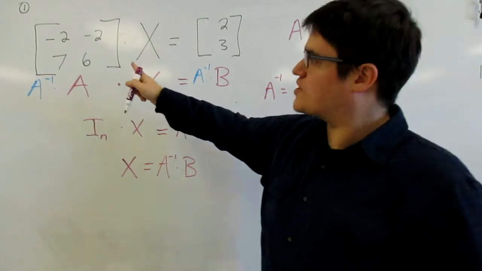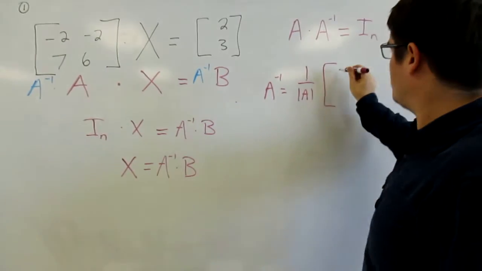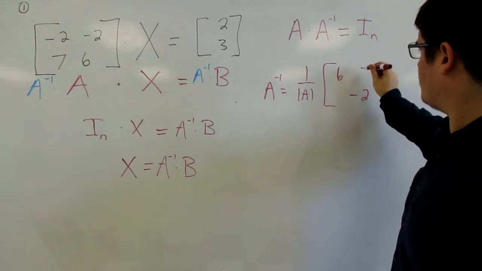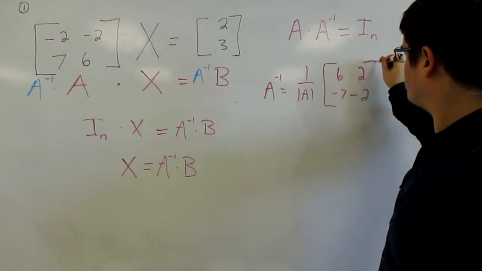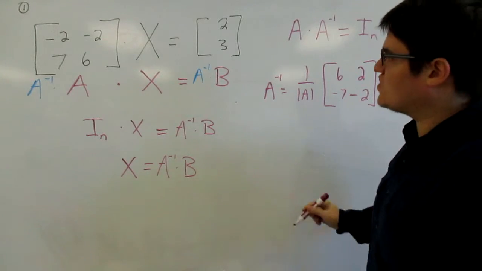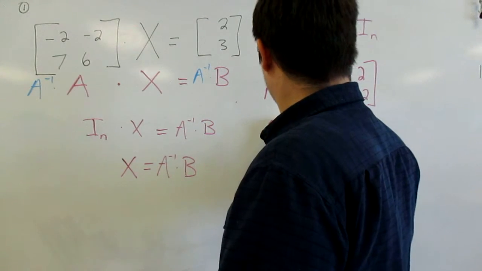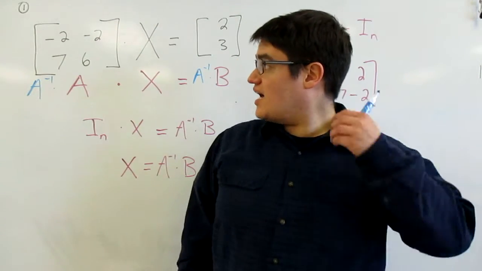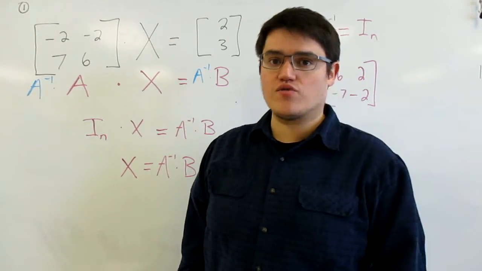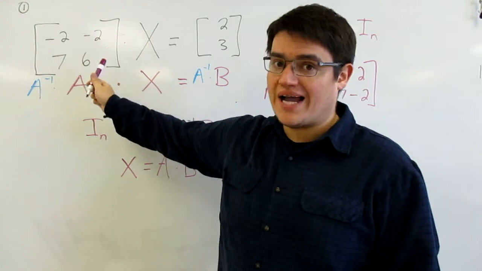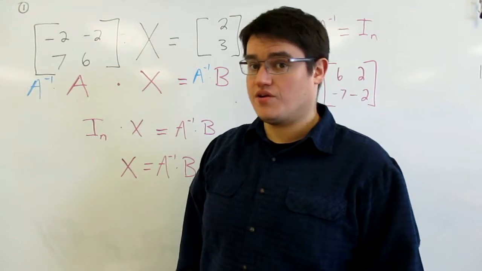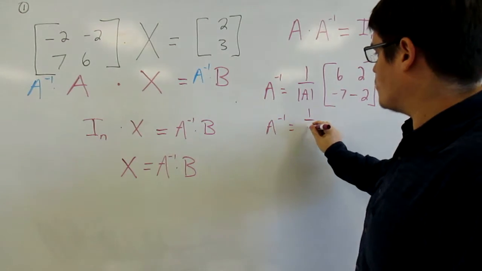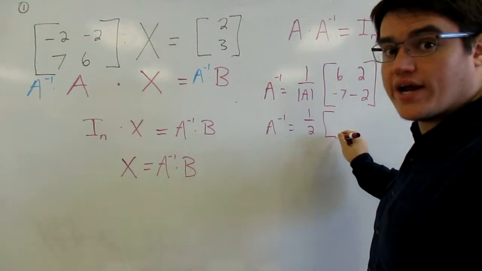And then with our matrix, we switch those two, so 6, -2. And then you change the sign on the other diagonal. Okay? Well, A inverse. The determinant here, 6 times -2 is -12. -12 minus a -14, don't forget to do that, is going to give us a +2. So 1 over 2. Be very careful with the signs.